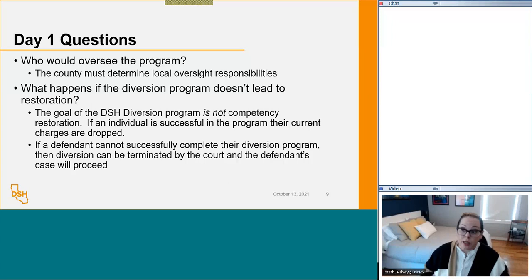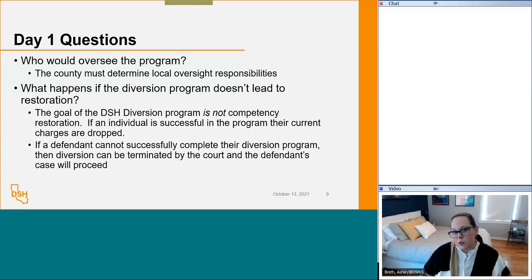The next question was really interesting, and something I wanted to make sure we get some clarity around. What happens if the diversion program doesn't lead to restoration? The first thing I want to say is that the goal of this program is not competency restoration. That's not what we're trying to do here. If an individual makes it through their DSH diversion program, is successful and graduates, their charges are dropped. They don't go to trial.